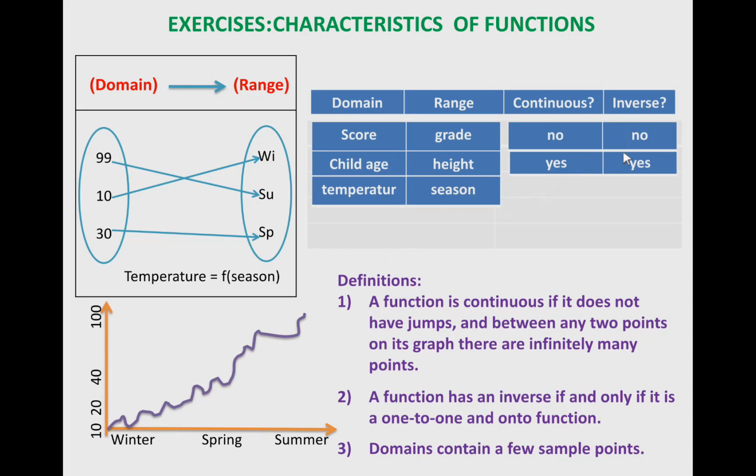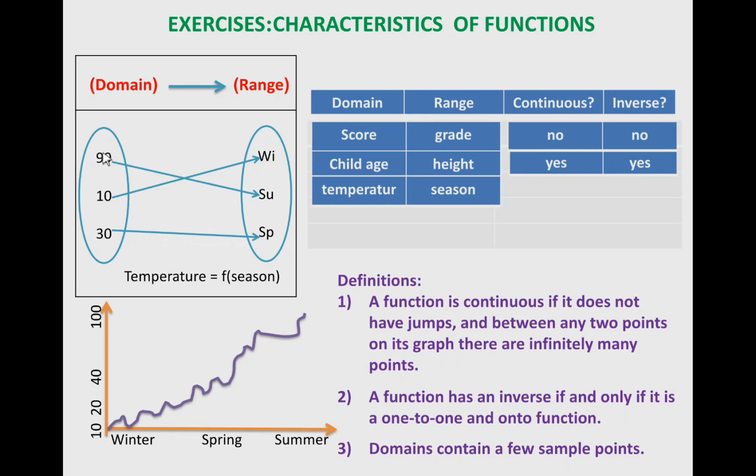And does the function have an inverse? Based on the data that we have over here, because we have just these representatives and we're focusing on them, it's one-to-one and onto. If we're given only 3 values in the domain and they told us 10, we're going to have to say it's winter. 99, we're going to have to say it is summer. 30, we will know that it is spring.